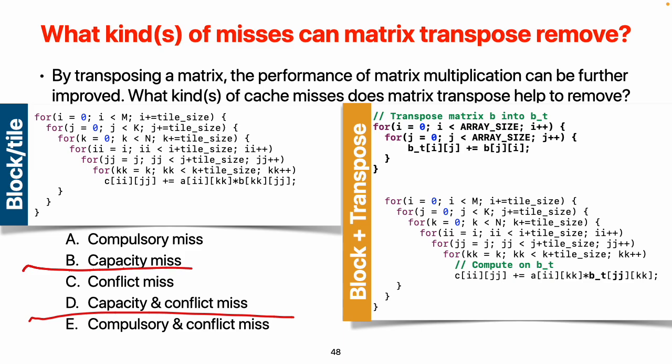So it leads to compulsory misses and conflict misses. Do we still have to visit the same amount of blocks for the entire computation? Yes, right? So it's not compulsory misses for sure, right? So the only answer remaining would be conflict misses.